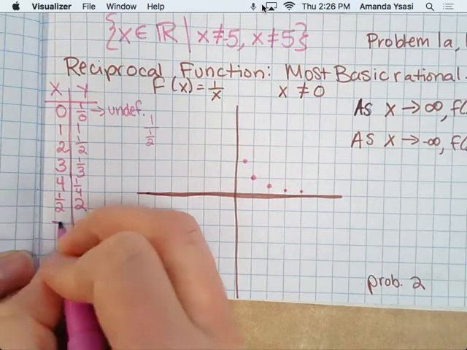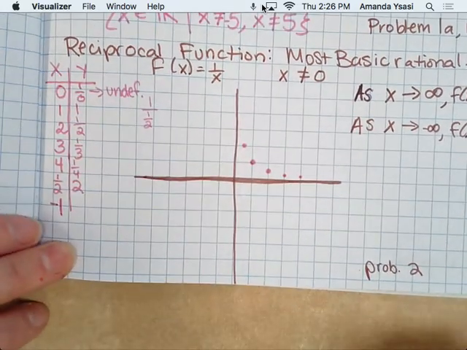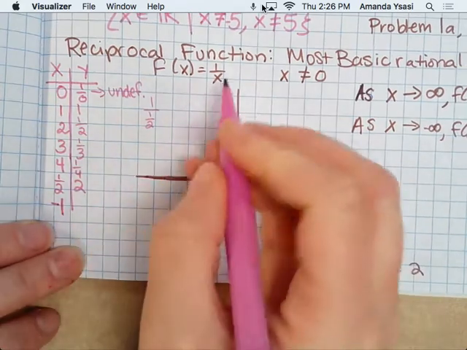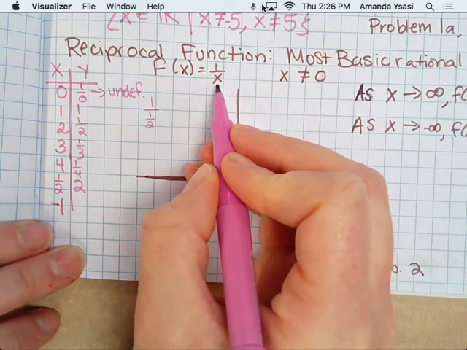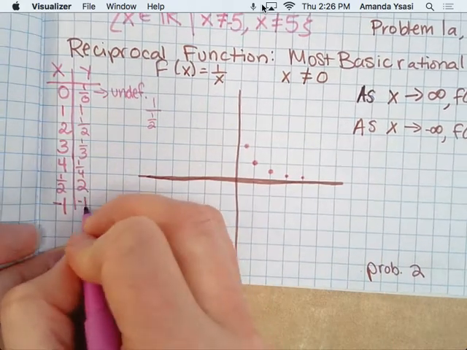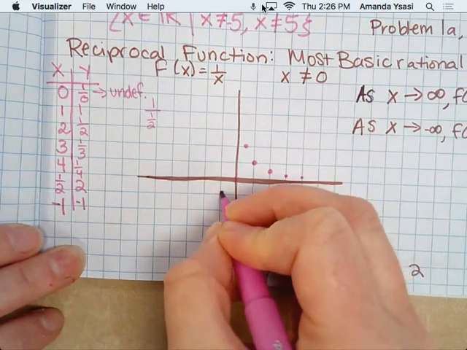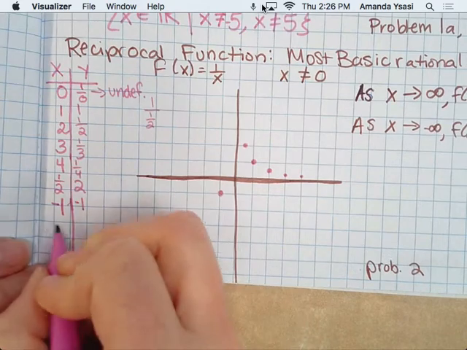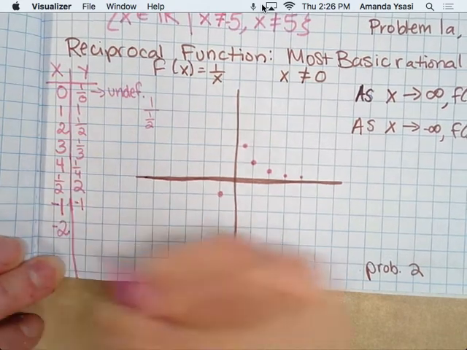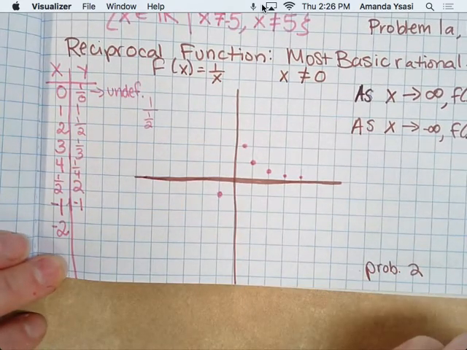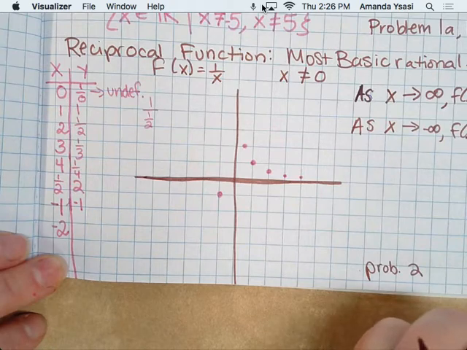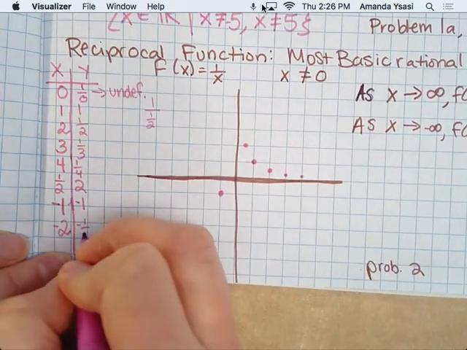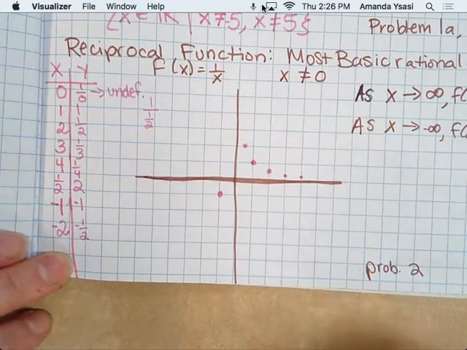But what about -1? If I plug in -1 there, 1 over -1 would be -1. So -1, -1. And then -2. Would be -1 over 2, or 1 over -2.